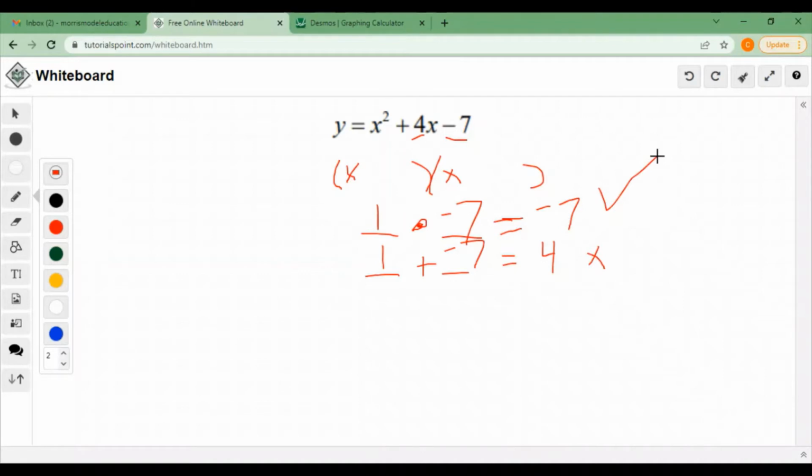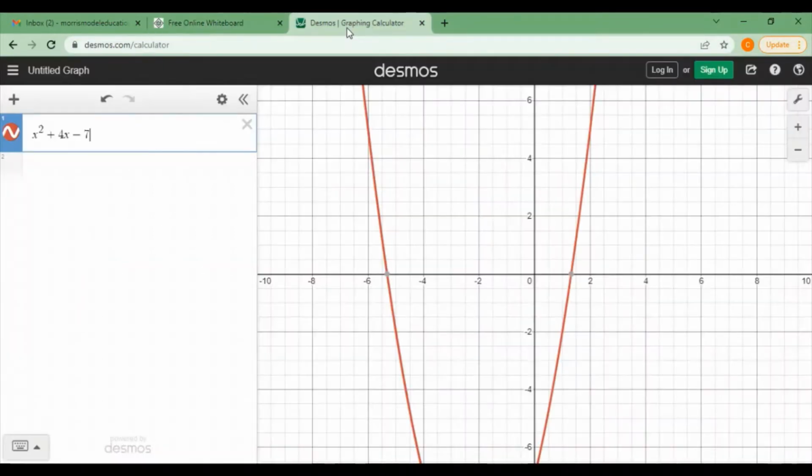Now, I just want to show you that there are x-intercepts here. I'm going to switch the screen over to Desmos.com, where I plugged in the same function, x squared plus 4x minus 7. Remember, the solutions, the zeros, and the x-intercepts are all the same thing. It's where your parabola crosses the x-axis. As you can clearly see, this parabola crosses at two spots, -5.317 and 1.317.